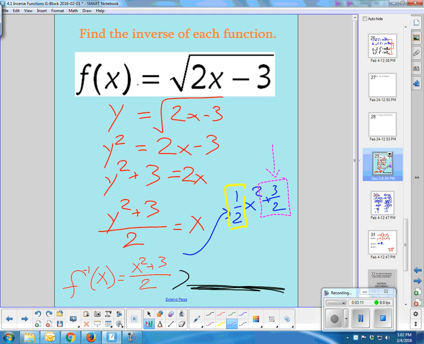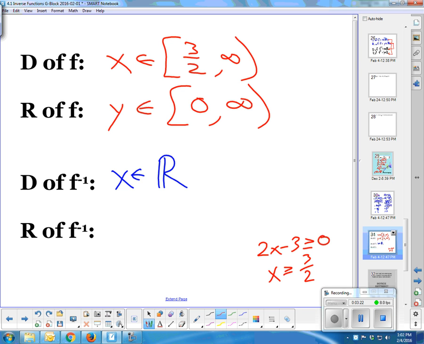And that really has a play on the domain because the vertex moves from (0, 0) up 1.5 units. So the range of f inverse is going to be from 3/2 to infinity.